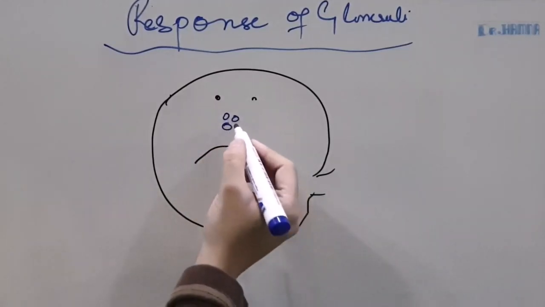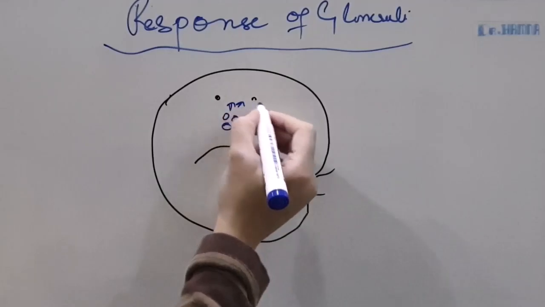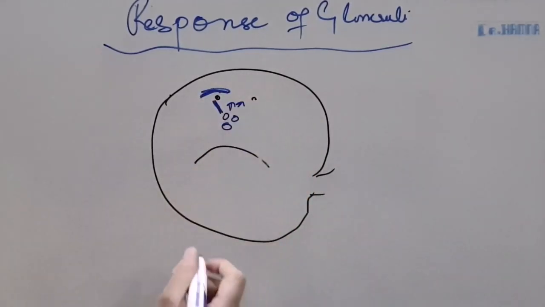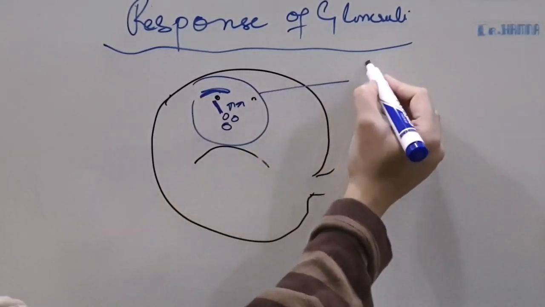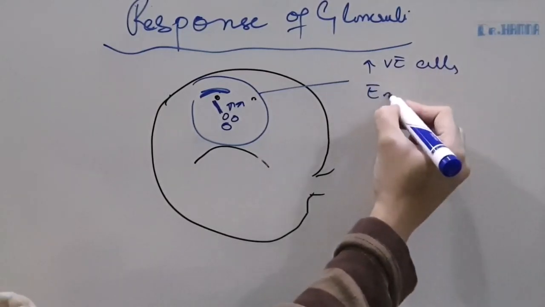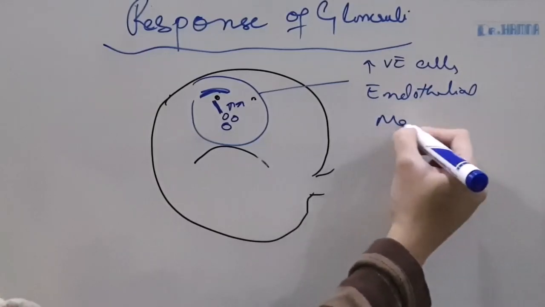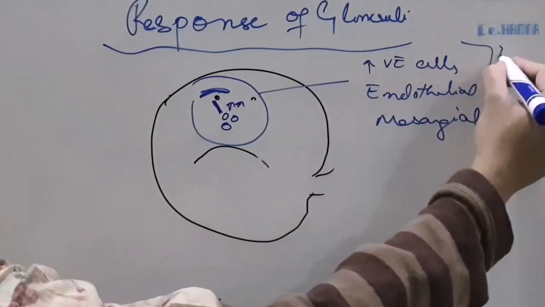So, it will result in an increase in the number of these cells as well as endothelial cells and visceral epithelial cells. A combination of increase in number of visceral epithelial cells, endothelial cells, and mesangial cells is basically hypercellularity.